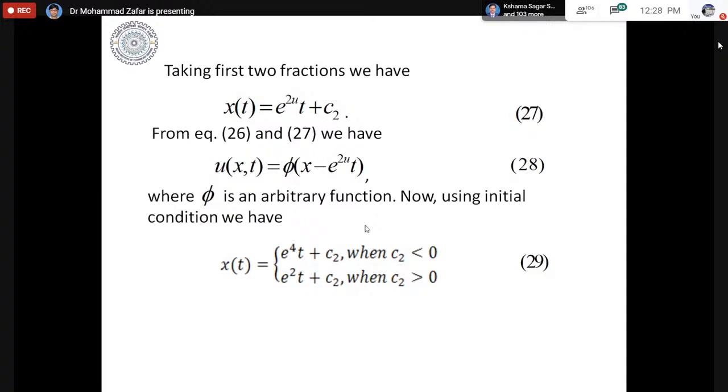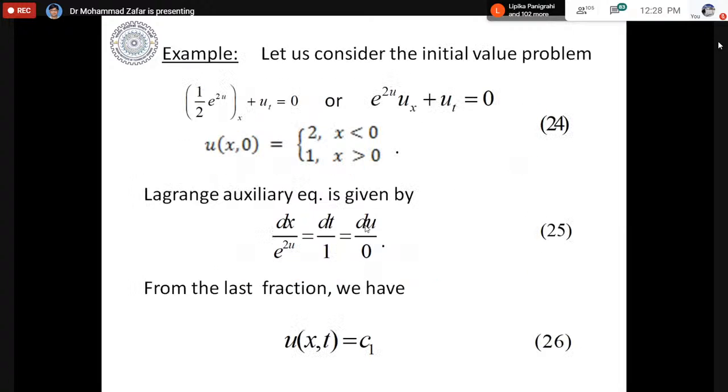Now using the initial condition, because dx/dt is e^{2u}, integrating that, x(t) becomes e^4 times t, because u is 2 when x is less than 0 at t = 0, and u is 1 when x is greater than 0.